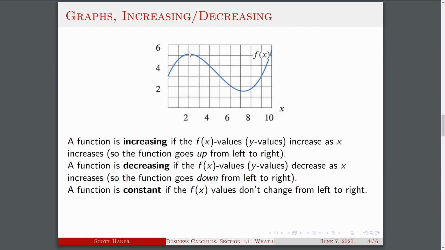A function is decreasing if those y values go down from left to right. So during this bit here, the function is decreasing as we go left to right. And then over here, it starts increasing again, doesn't it? From left to right, it's going up. Okay.